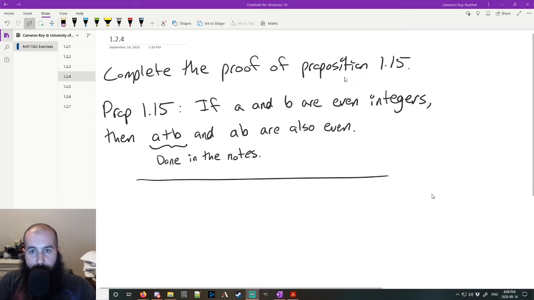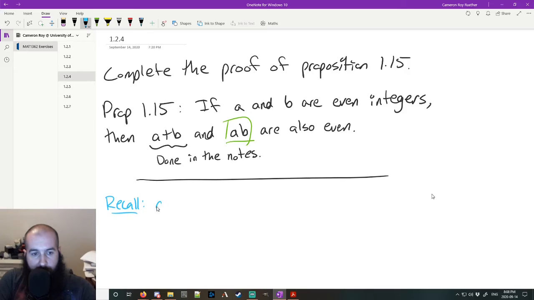Exercise 4 is to complete the proof of proposition 1.15, which states that if you have two integers a and b which are even, then a plus b is also even, and a times b is even as well. The a plus b case is done in the notes, so we'll just be focusing on showing that a times b is even. And so first, let's recall what it means to be even.